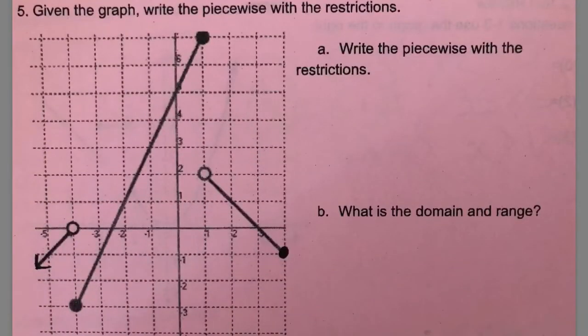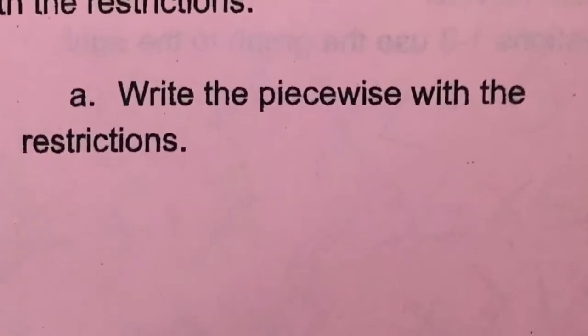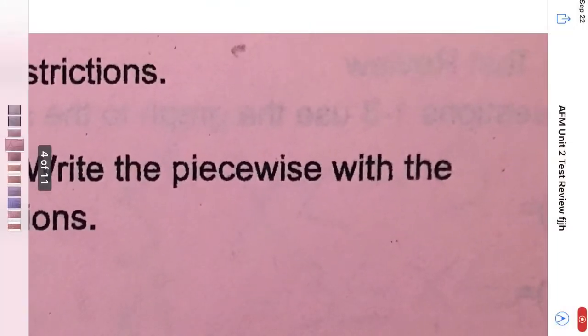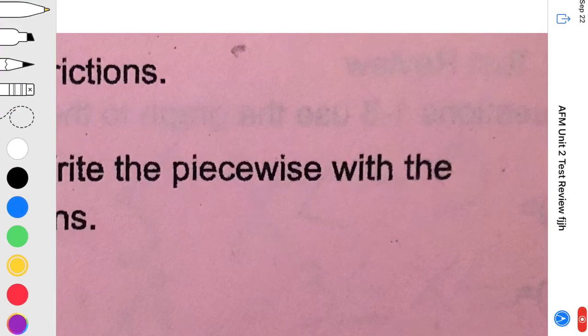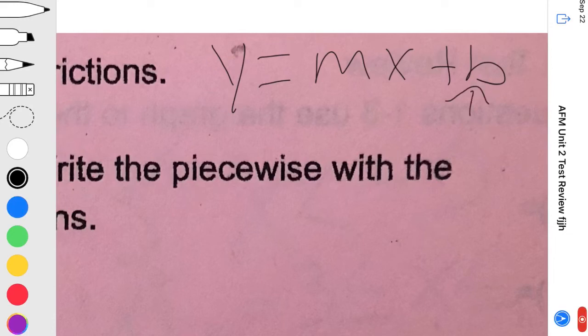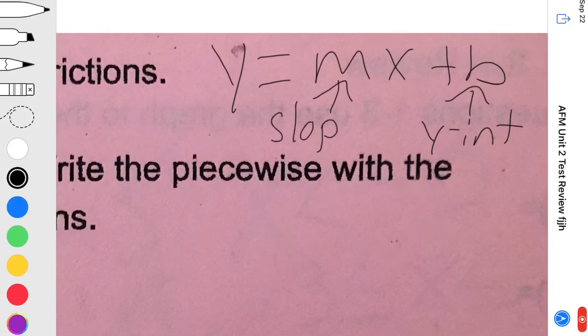Number 5 says write the piecewise with the restrictions. So we're having to create a piecewise again. All of these are linear. So before we go into how to create them, always remember your y equals mx plus b, where b is your y-intercept and m is your slope.